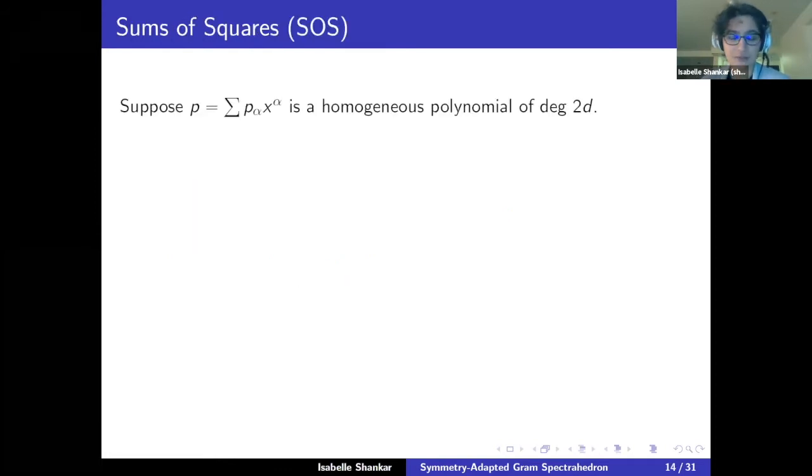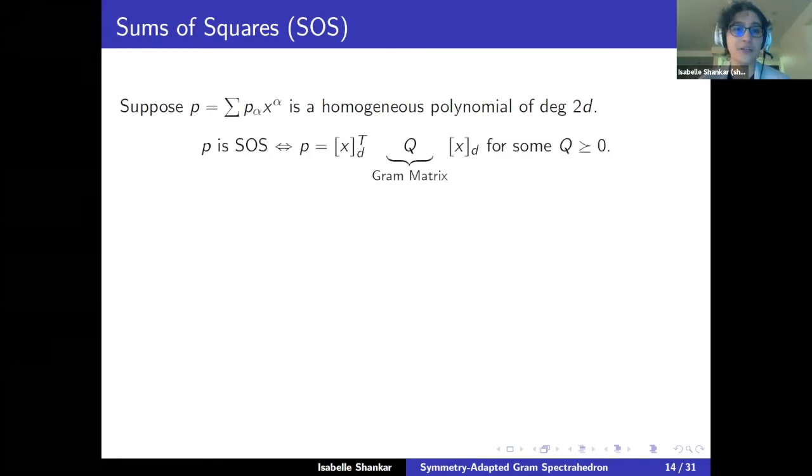So sums of squares, we'll start there. I'm going to start with a polynomial p, and it's homogeneous of degree 2d. Then the key fact that we use is that a polynomial p is a sum of squares, SOS, if and only if we can write it in this quadratic form here for some positive semidefinite matrix Q. This notation here means that our matrix Q is positive semidefinite.